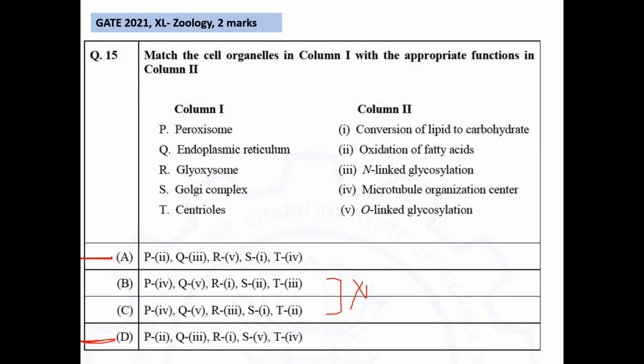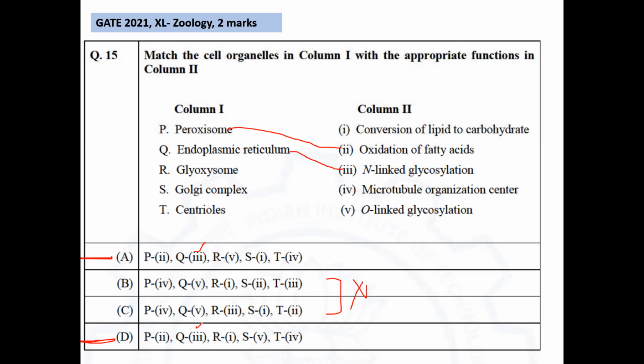Then we have endoplasmic reticulum. We heard that N-linked glycosylation takes place in the endoplasmic reticulum. So for Q, the right option is 3. So both of these options A and D contain Q as 3.